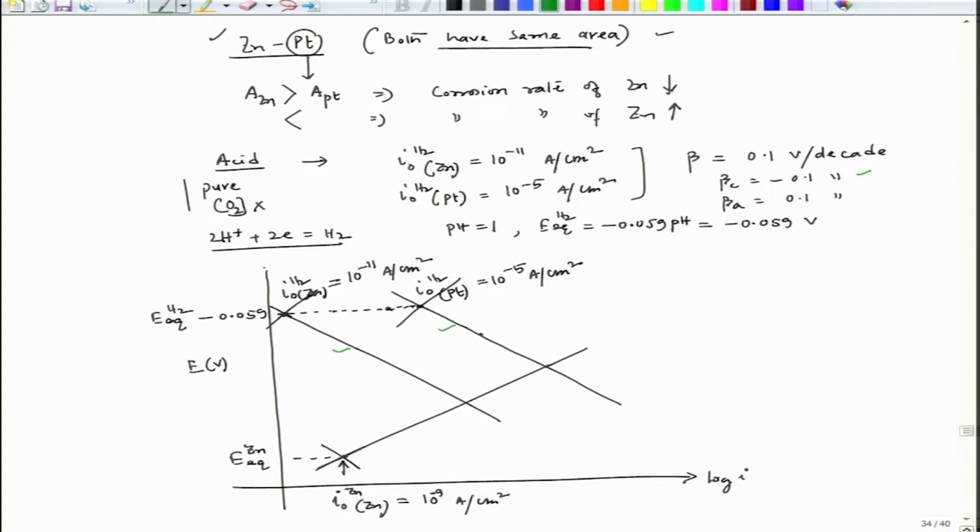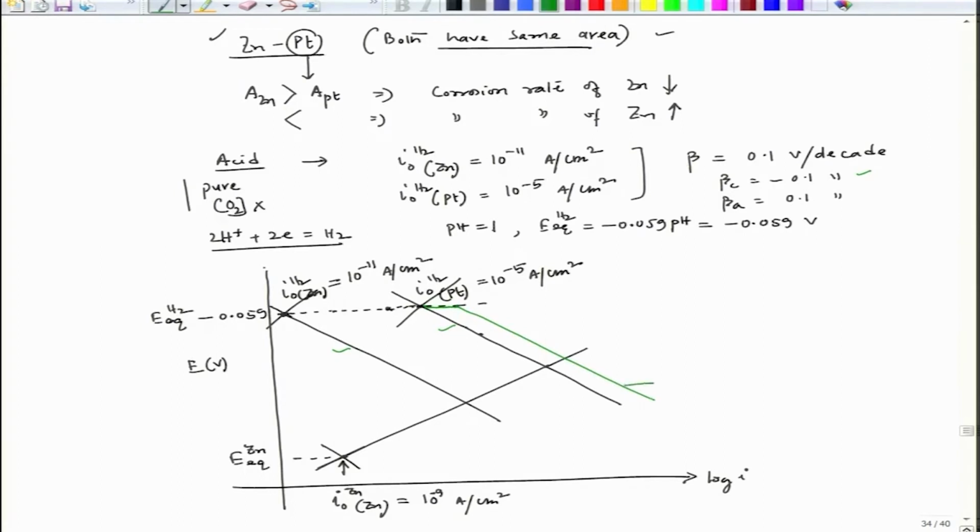And since these two cathodic reactions are taking place over zinc as well as platinum surface, as per the mixed potential theory we have to add them and then take a log. So, we will find that this new line, which is the addition line, let me draw it with the green color. We just add it up and then the parallel line will go like this.